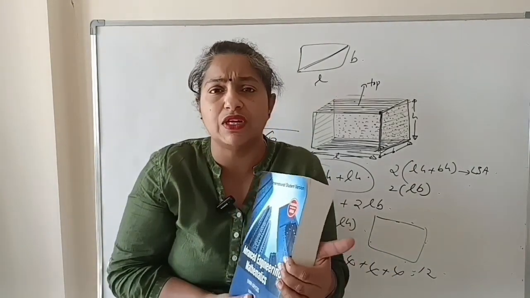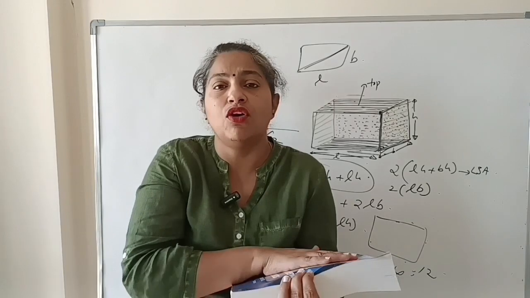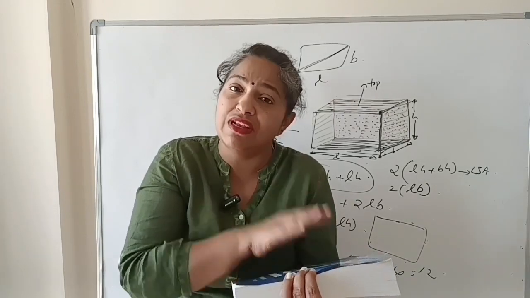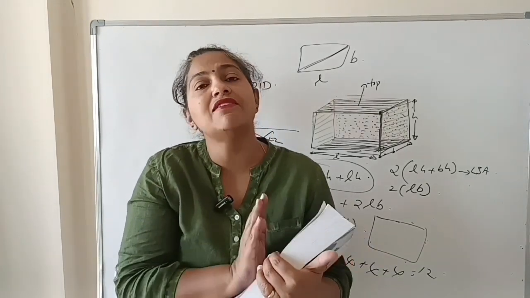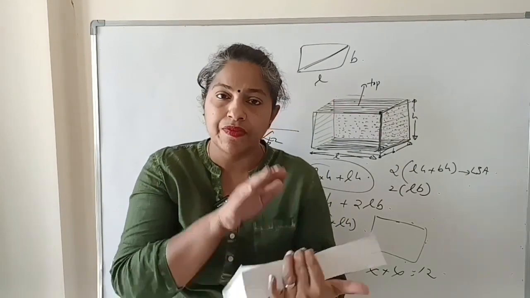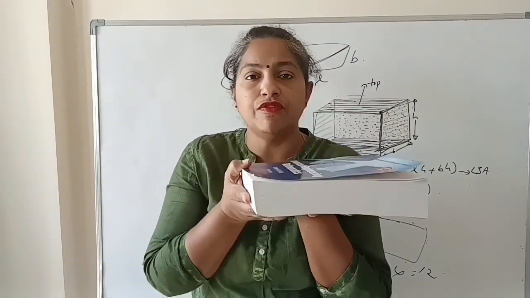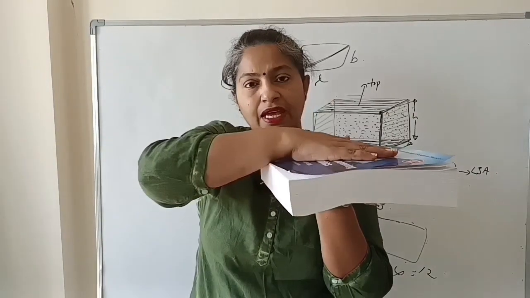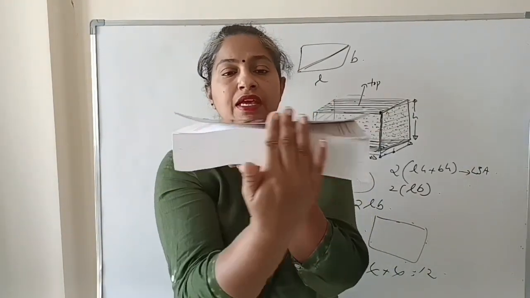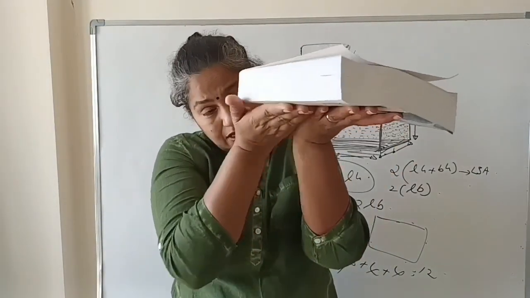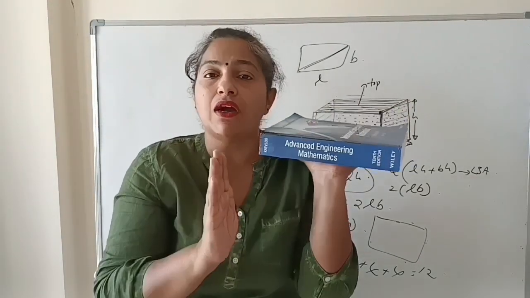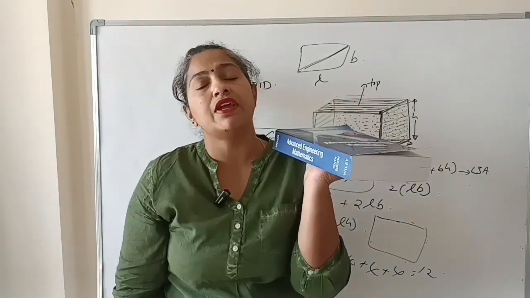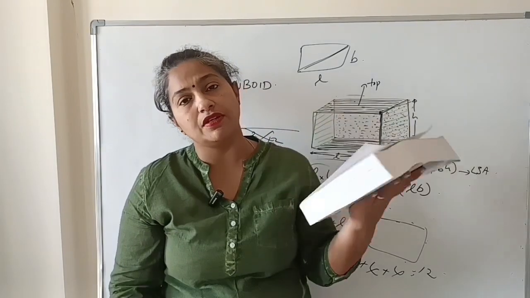When you have a solid and it has this particular shape, can I put my hand over it? Can I feel the surface? That part has to be accounted for area. In the case of this particular cuboid, if I need to find the area, here I can run my hand, here I can run my hand, here. All those places will be accounted for area when we are trying to find the TSA of a solid.